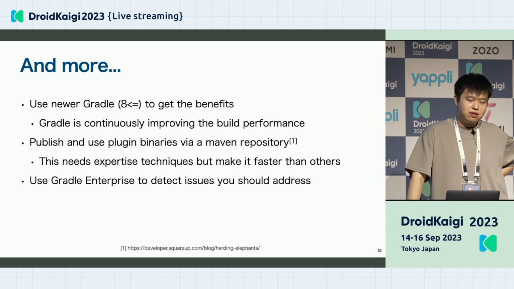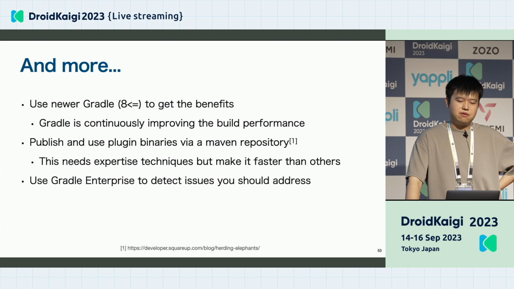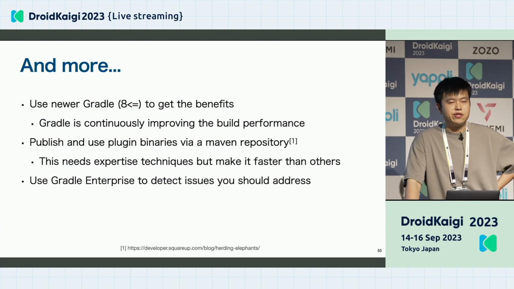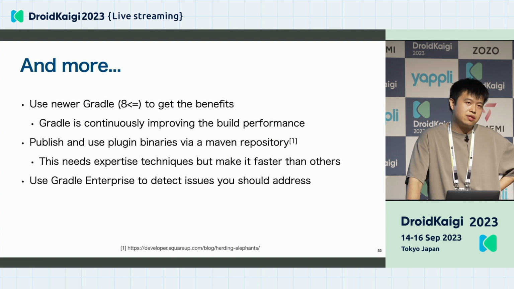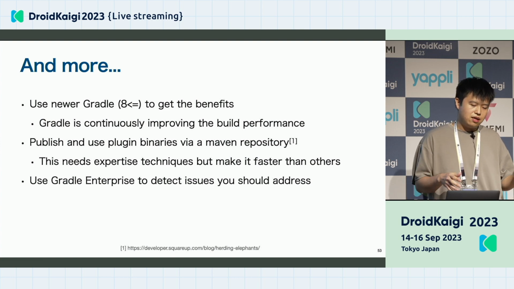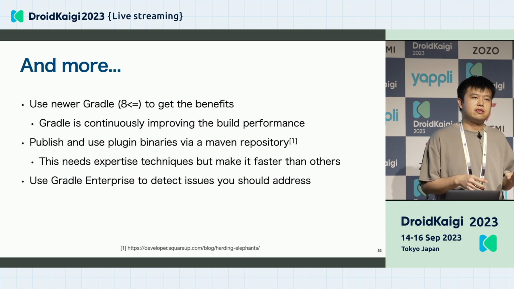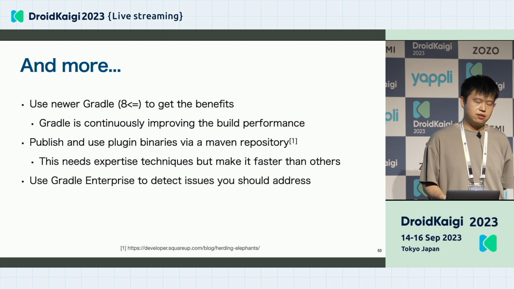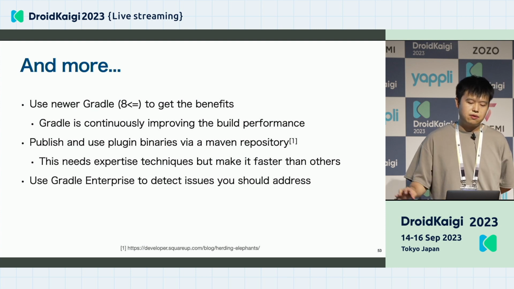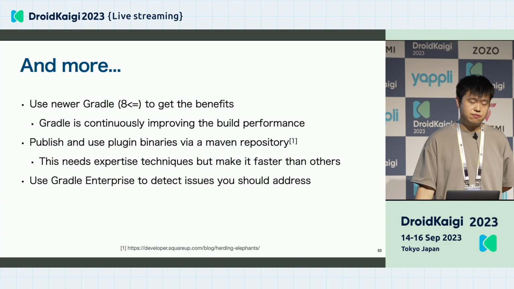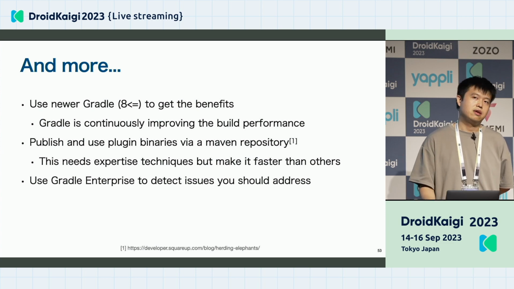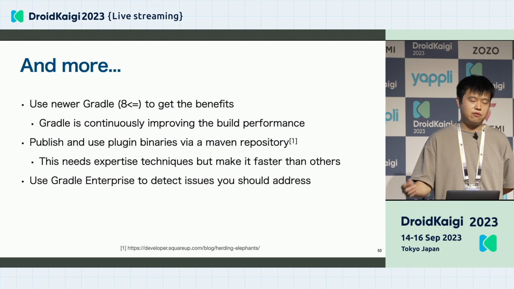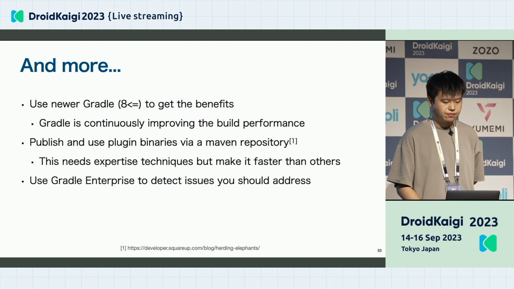Another option, using a Maven repository, is also great. I know some companies have been using Maven repositories for convention plugins instead of composite builds. They publish the build plugins to Maven repositories first, and members will use the build binaries. So it's not a composite builds mechanism, which means they manage such artifacts by themselves.